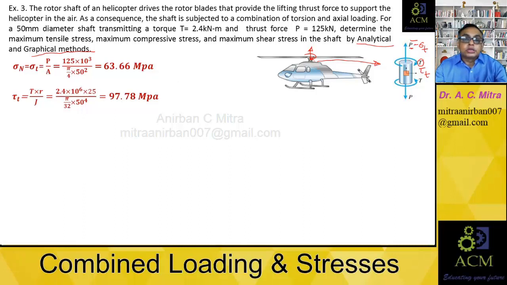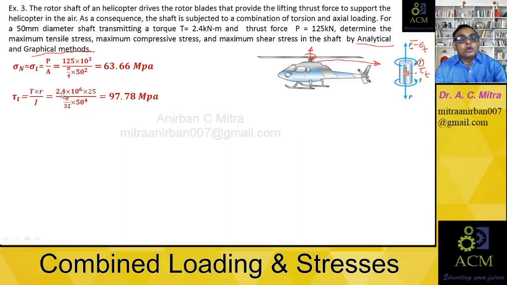The next stress is the torsional shear stress. Formula is T into R divided by the polar moment of inertia J. T is mentioned 2.4 kilonewton meter. So we need to convert 2.4 kilonewton meter to Newton mm.